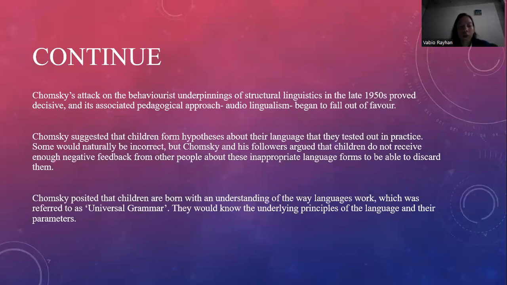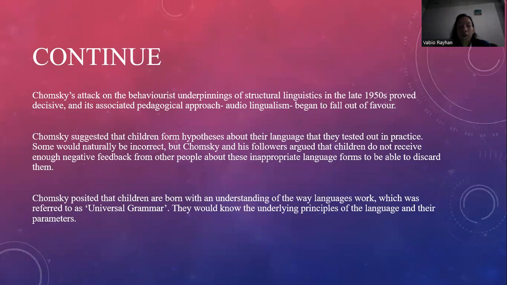Chomsky's attack on the behaviorist underpinnings of structural linguistics in the late 1950s proved decisive, and its associated pedagogical approach, audiolingualism, began to fall out of favor.